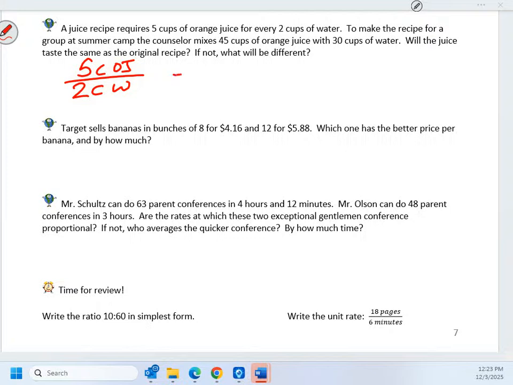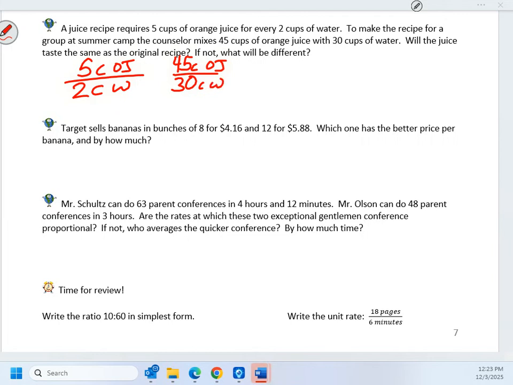So in my next one, I'm gonna put the OJ on the top. So how much orange juice am I using for my second ratio? Elliot? 45 cups. How much water am I using? Finley? 30 cups of water.